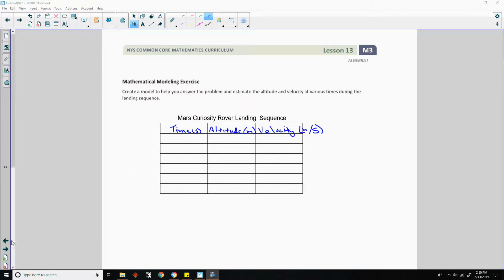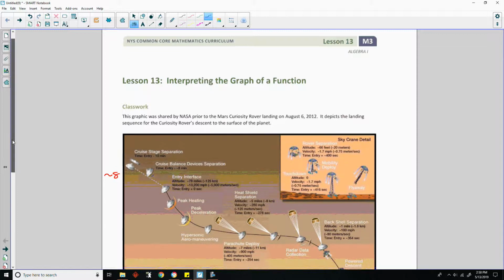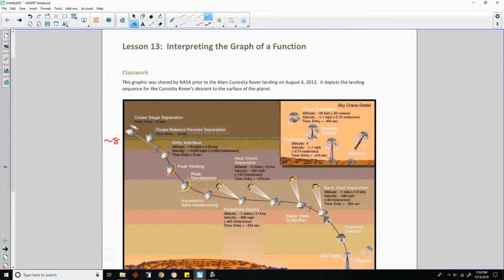Okay, so here we go. I'm going to have to go back and forth and back and forth. There's really no way for me to copy that entire page and fit it here and work around it. So I'm just going to keep arrowing back here. And so the time of entry would be 0 seconds. And the altitude is what?